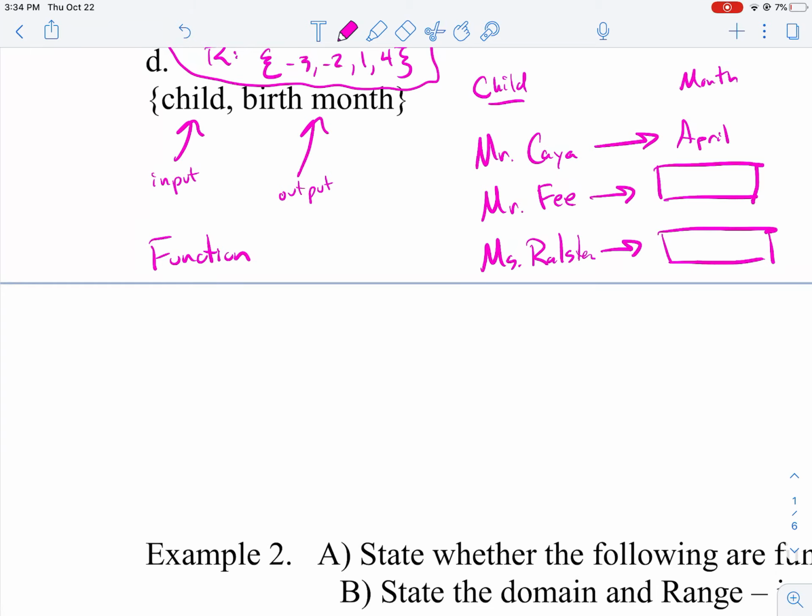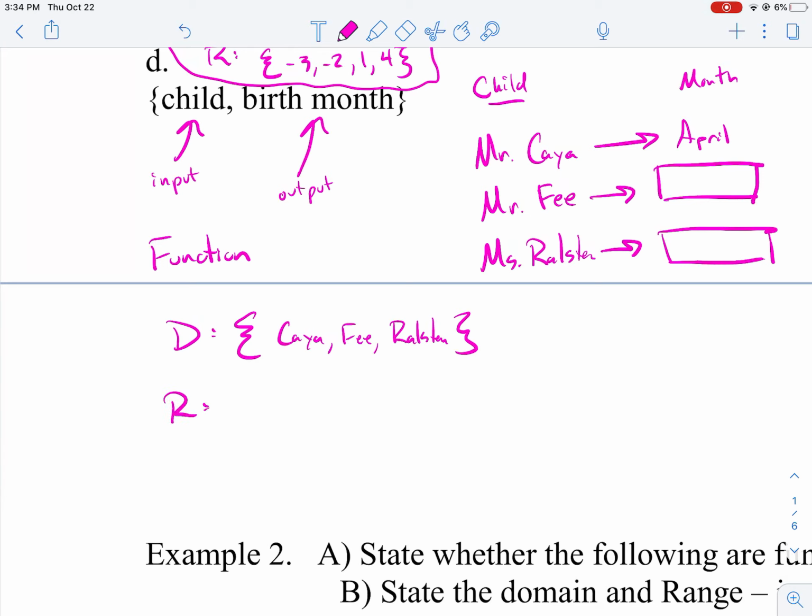All right, now, what is our domain? Our domain is just the children, right? Whoever we put in there. All right, so in this case, I kind of made this up, so I guess my domain here would be Mr. Kaya, Mr. Fee, and Miss Ralston. Right?